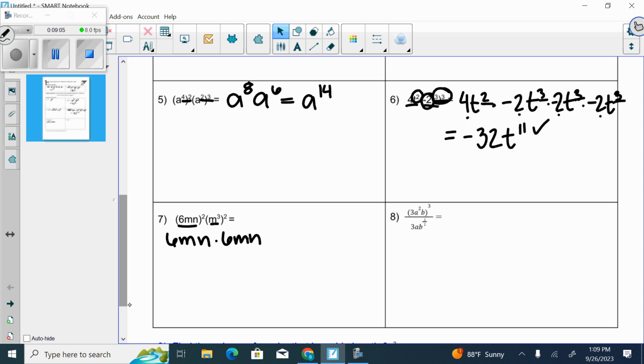Yes, good. Times m cubed. So we said we need to take our big numbers and do what? Multiply. So 6 times 6 gives us 36.